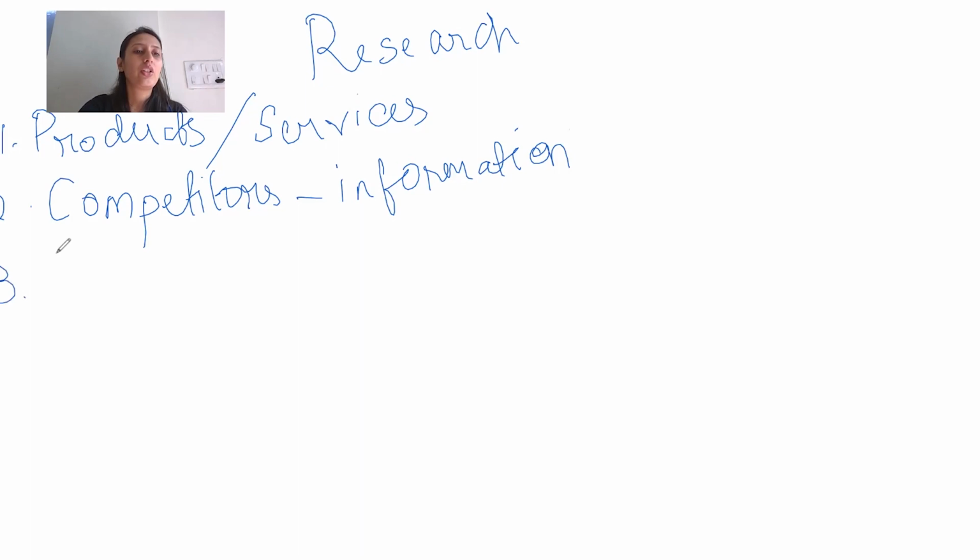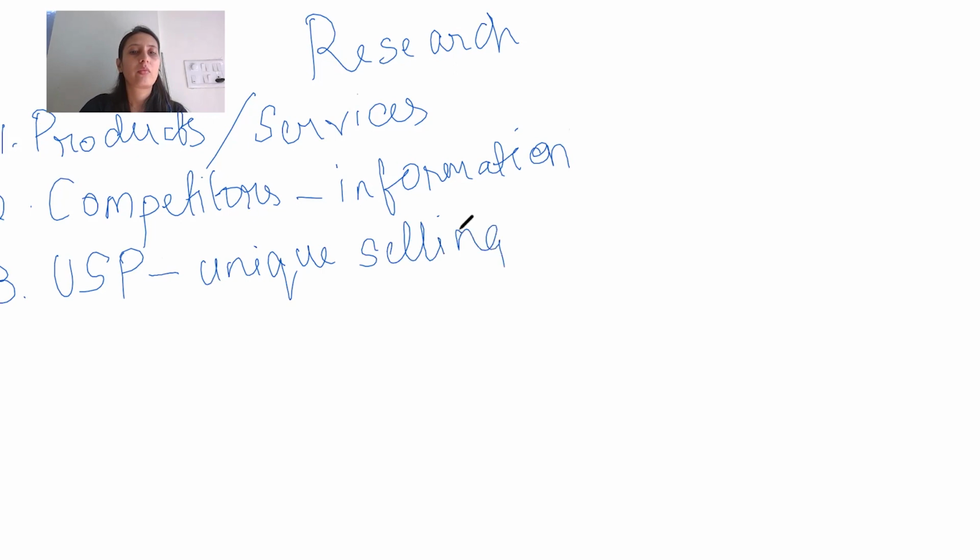Third is the USP. USP is the unique selling point. Now, what is a unique selling point? Another example: a cake store.